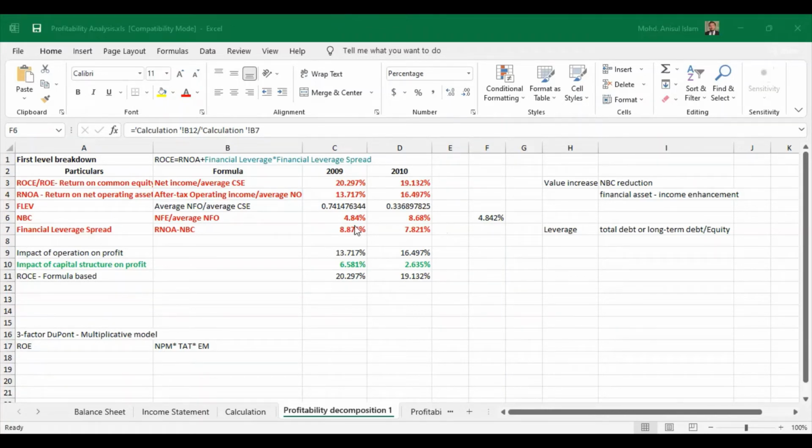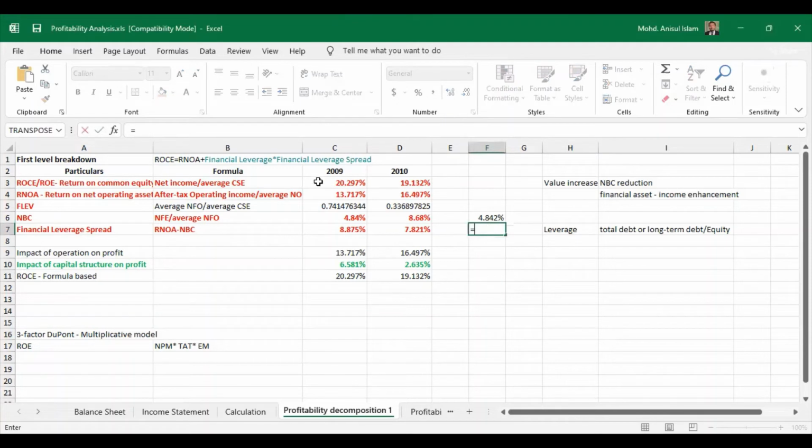Now, can I measure what is the spread here? You see that I have return from investment in net operating asset, 13 point some percentage, starts with 7, and I incurred this borrowing cost. I measured this difference, and this difference is about how much? 8.875%, and this is known as the spread here.